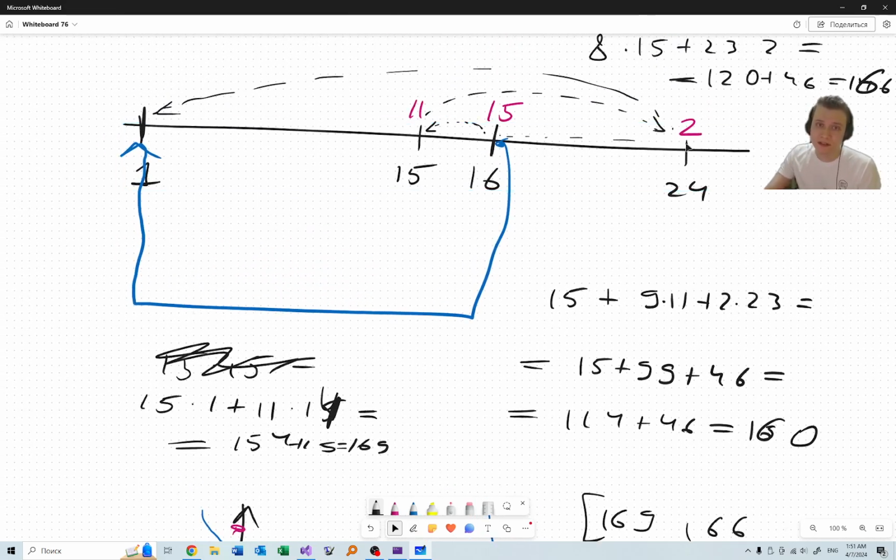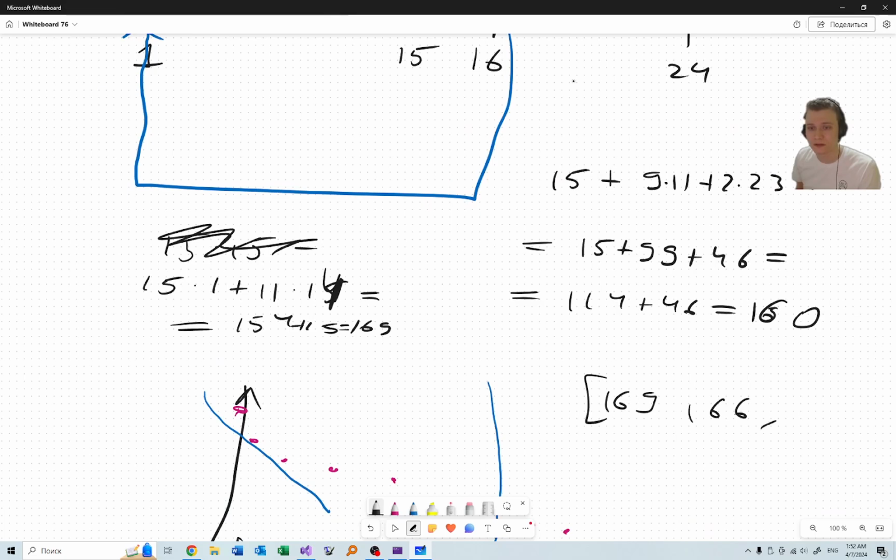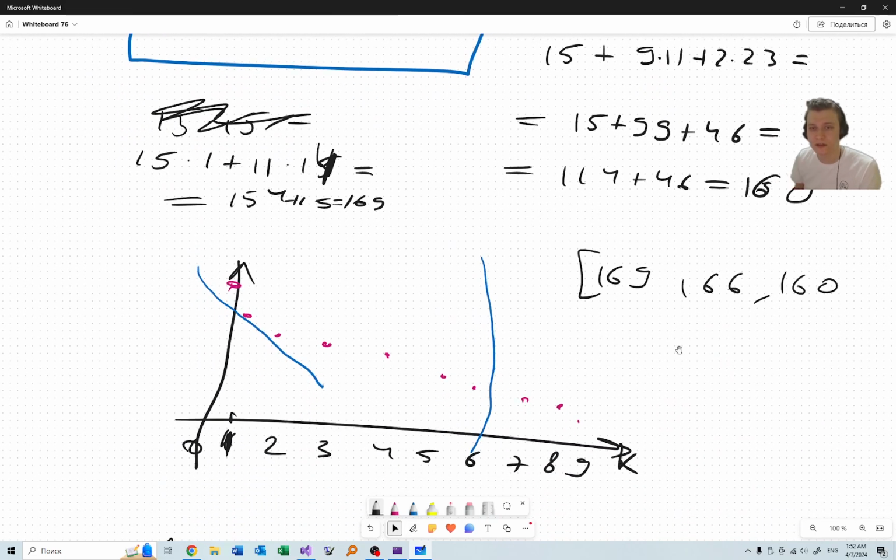Then the optimal answer is go to the left and to the right and to the left. And it is equal to 160. Yes, unfortunately, it looks like not a convex function. It's like convex in the wrong way.